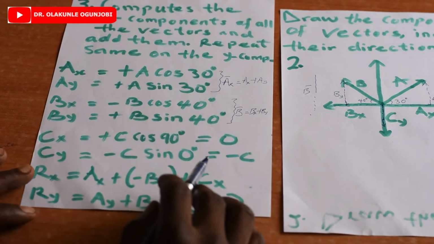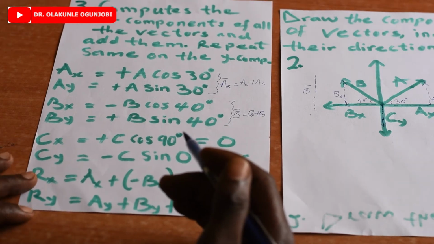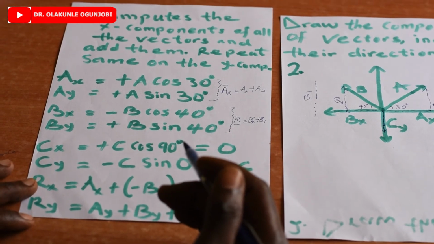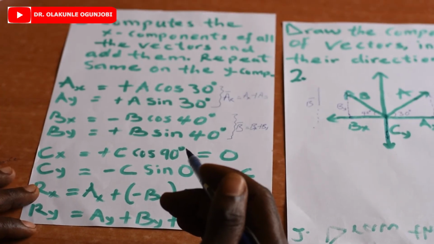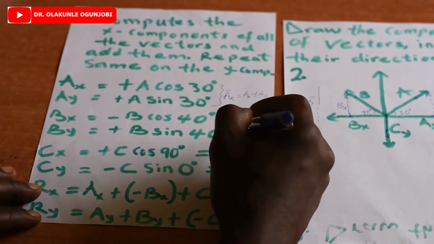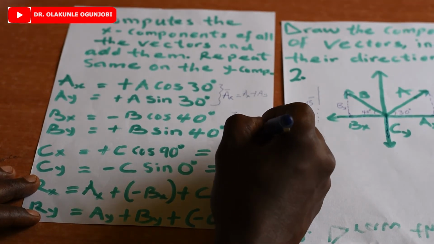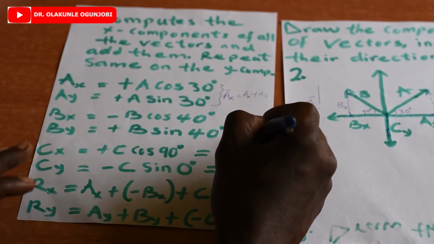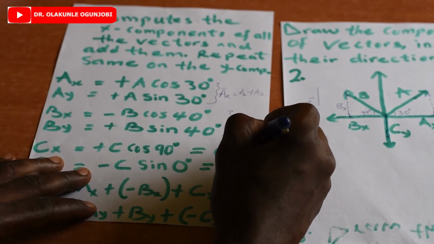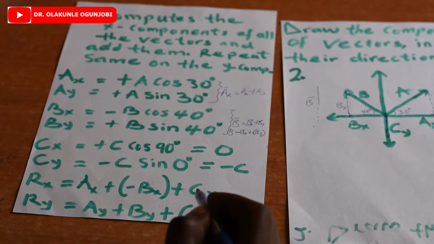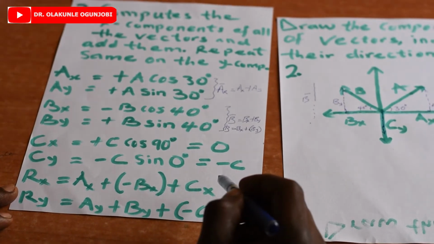Now, the c side of it. Do not forget, however, that the bx is negative. You know why? So you can have b equal to minus bx plus by. Do you understand that? You know why? Because the bx is at the negative x axis.